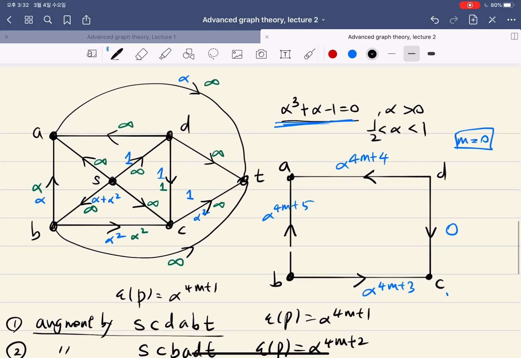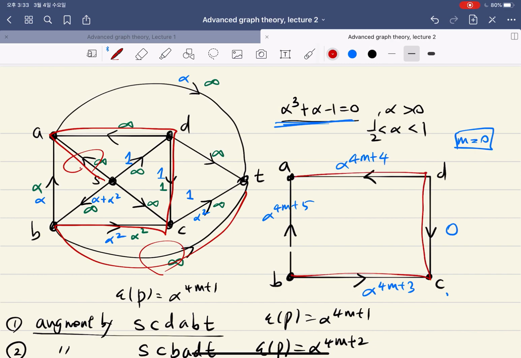S, A, D, C, B, T. Again, these two edges have infinite, large capacity, so we don't have to worry about them. So it will traverse in this manner.